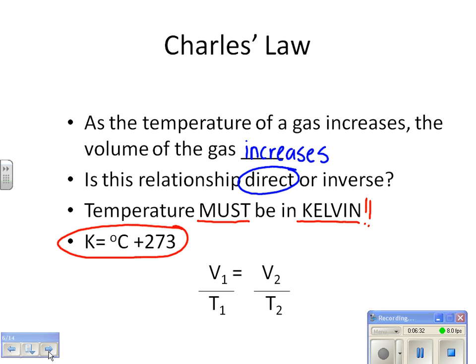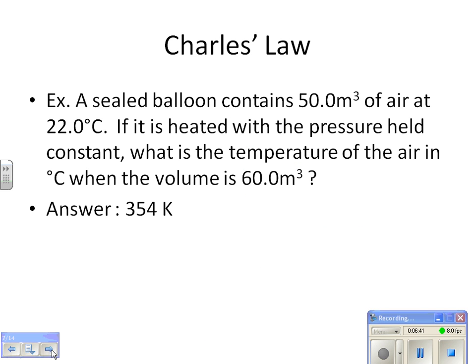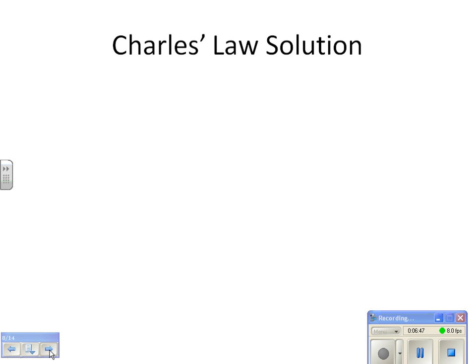There's Charles's law: V1 over T1 equals V2 over T2. And here's a sample Charles's law problem. Okay, we're given volume, temperature, new volume, looking for a new temperature. Let's solve that problem. First thing, write down all the givens and all the unknowns.